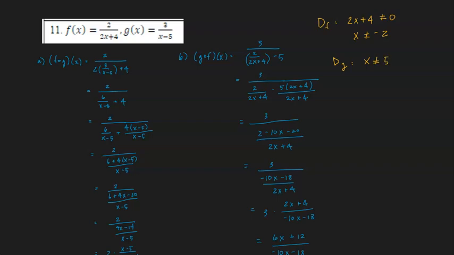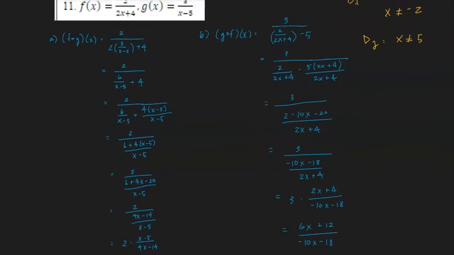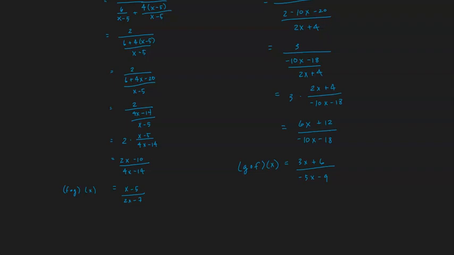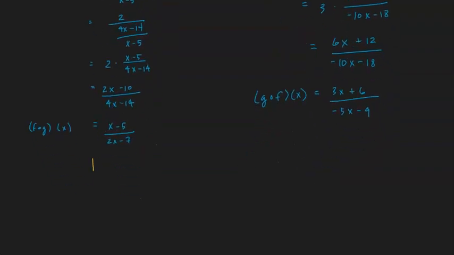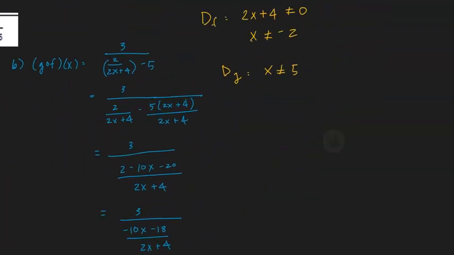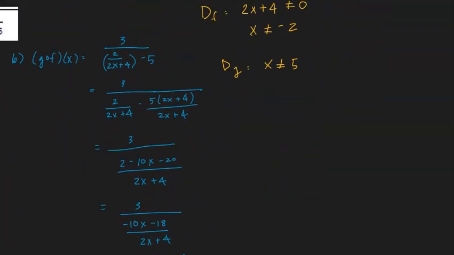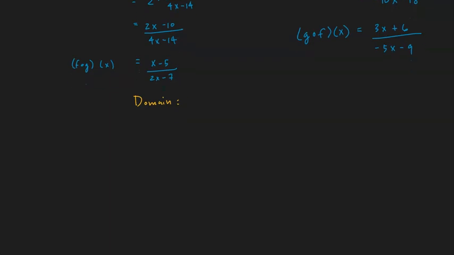Okay, so if I look at a, where g was the input function, right off the bat, we know that for the domain, if g was the input function, we could use this domain right here. X cannot be equal to 5.